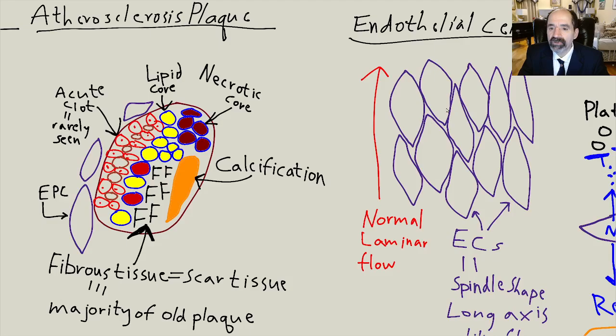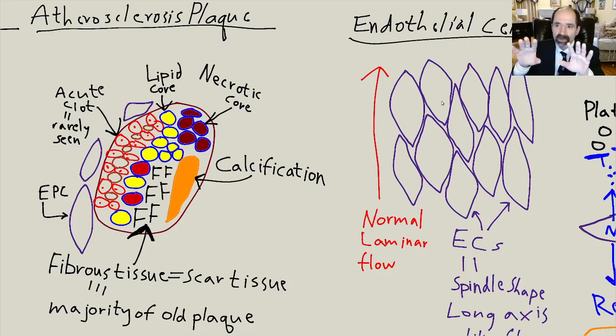Okay, this next adjacent drawing is of endothelial cells, and the point was to show how they are a bunch of spindle-shaped cells aligned in the long axis of flow, and when the flow is laminar, they're happy. They've got little mechanoreceptors that can sense the flow direction. And when it's really chaotic and turbulent, that also activates platelets to make the blood more prothrombotic.